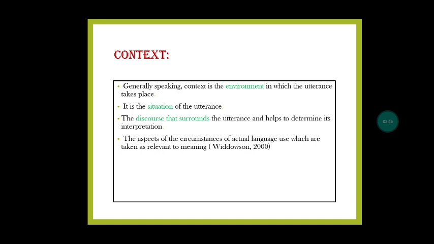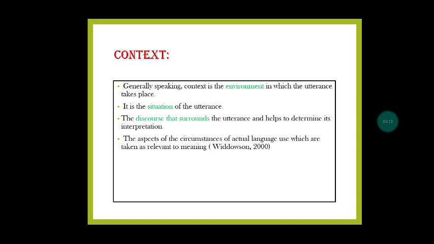Okay, what is context? Context is the environment in which the utterance takes place, the situation of the utterance, the discourse that surrounds the utterance and helps to determine its interpretation, the aspects of the circumstances of actual language use which are taken as relevant to meaning.